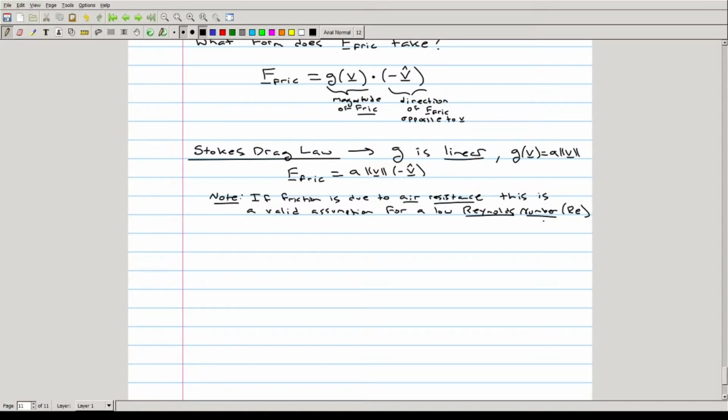The Reynolds number is a non-dimensional quantity that essentially gives you an idea of how turbulent a given flow is, a measurement of the ratio of the inertial fluid forces to viscous forces within our fluid. This assumption was valid for a low Reynolds number.